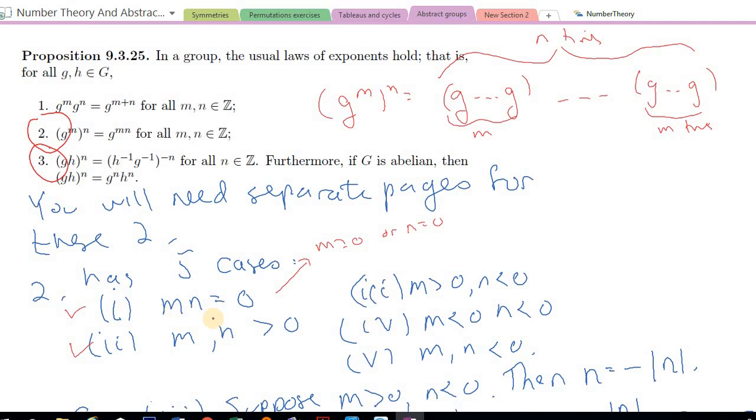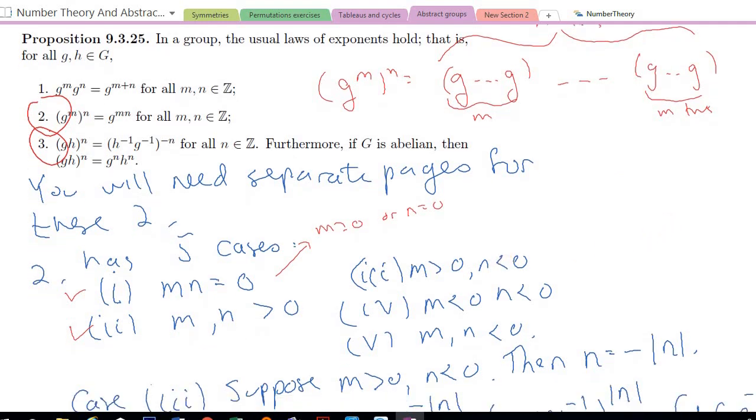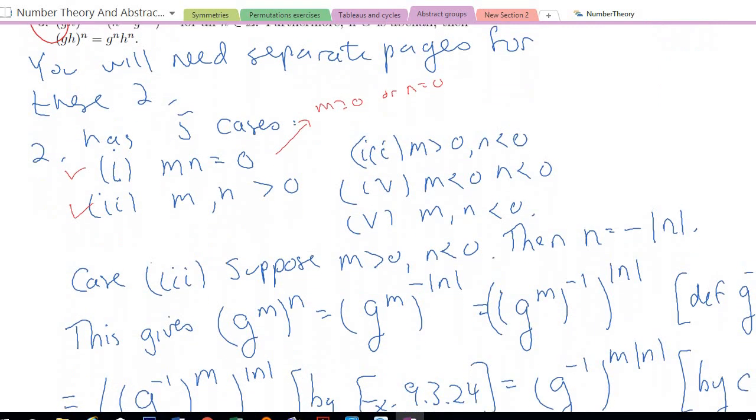For the other ones, you're going to use this second one, but you have to take care of the inverses. For instance, if m is greater than 0 and n is less than 0, how am I going to write g to the n? Well, if n is less than 0, then n is equal to minus the absolute value of n.